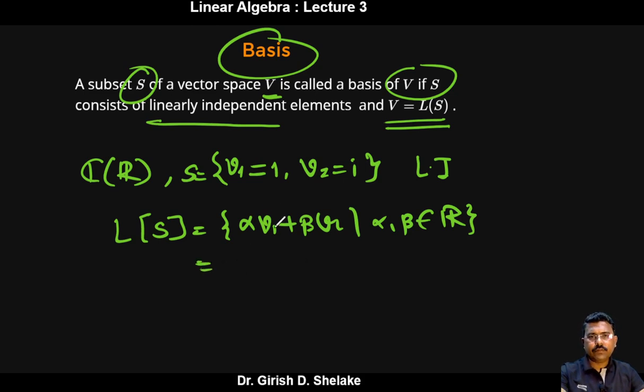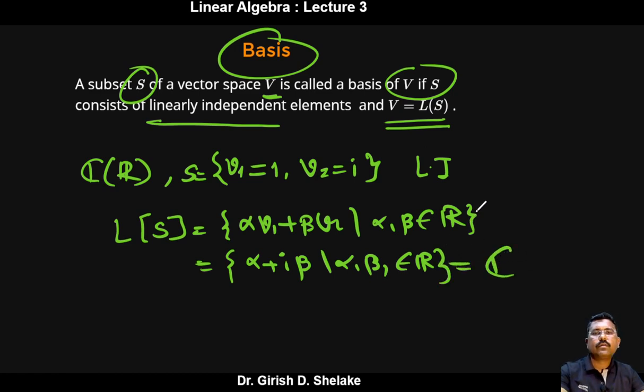It means that in the set of all complex numbers it becomes alpha plus i beta such that alpha and beta belong to R, and in fact this is equal to the set of all complex numbers. It means this set is linearly independent and its span is the whole space C. Therefore we say that this set is a basis of the vector space C over R.